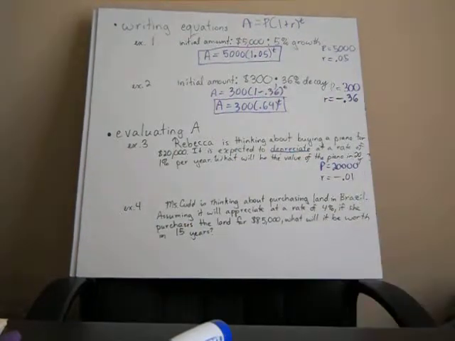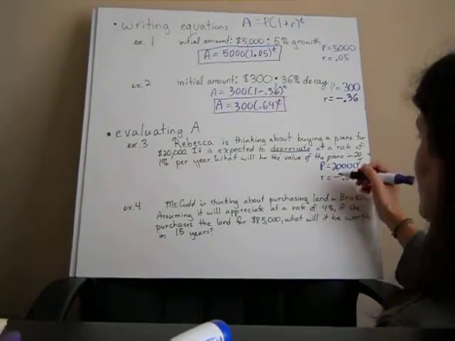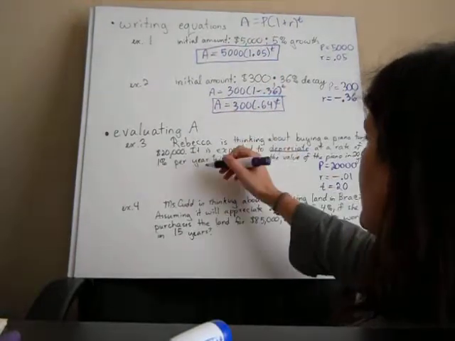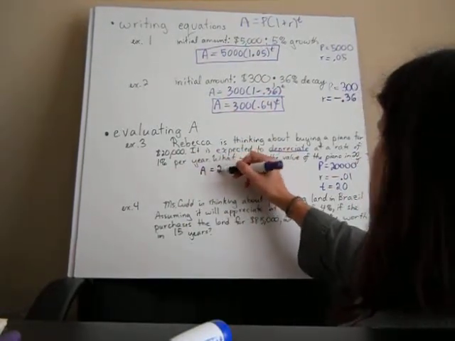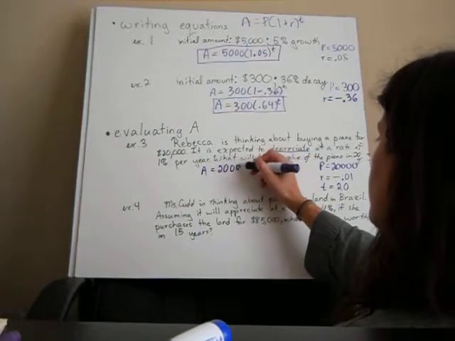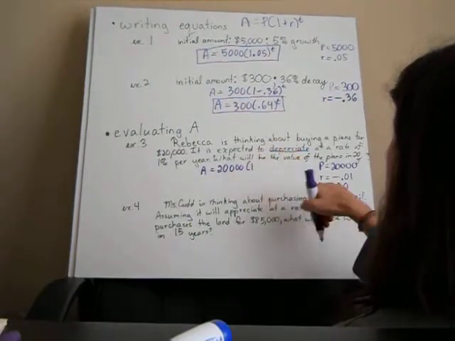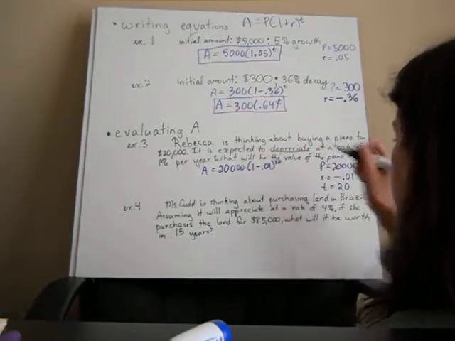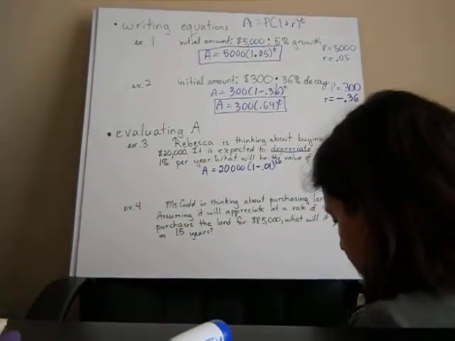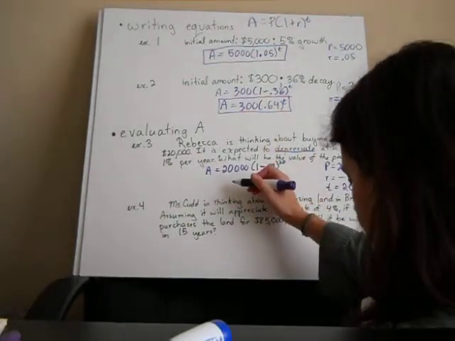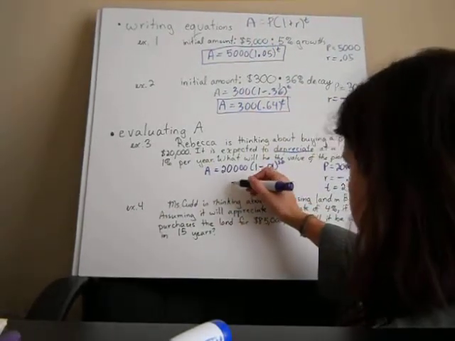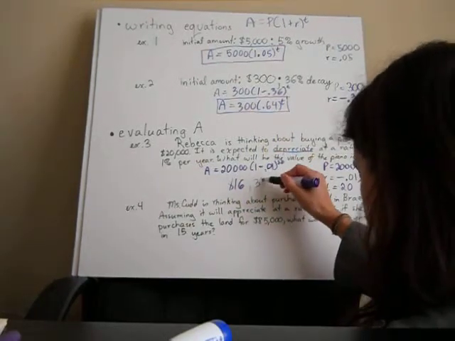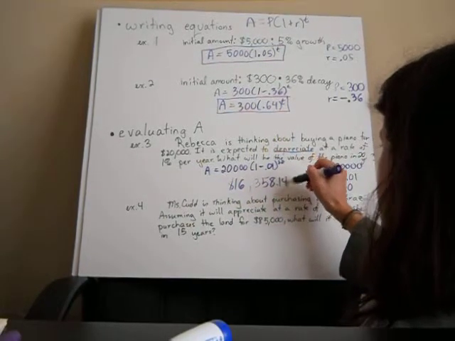Okay, in 20 years, so that means T is 20. Alright, so that means the amount, A, is equal to 20,000 times 1 plus the negative, so minus 0.01, to the 20th power. And when you plug that in your calculator, you should get that it has an amount of $16,358.14.